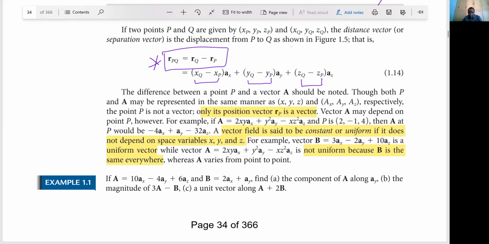We want to differentiate a point that is represented by X, Y, and Z, which might be something like 3, 4, and 5. This is a point, not a vector.